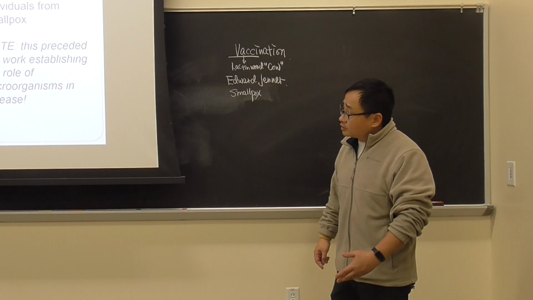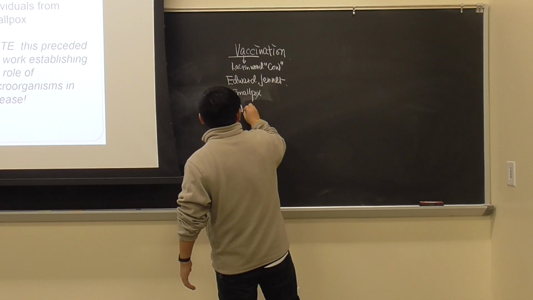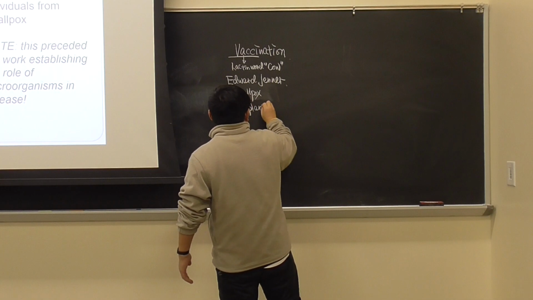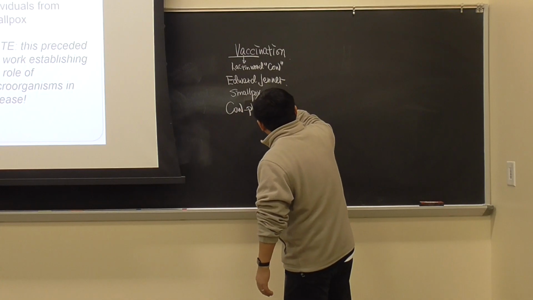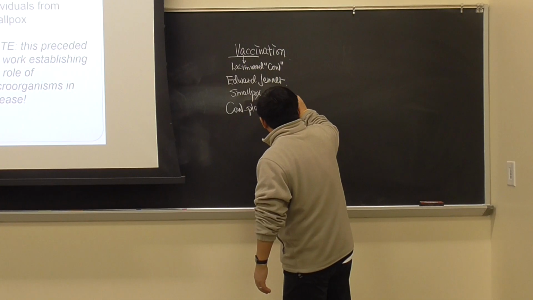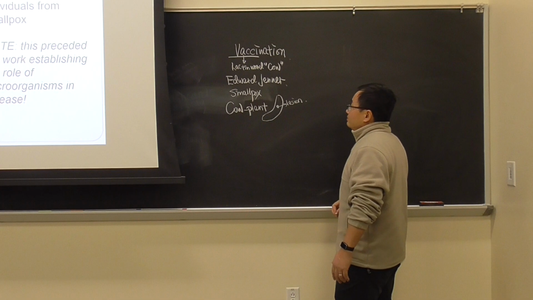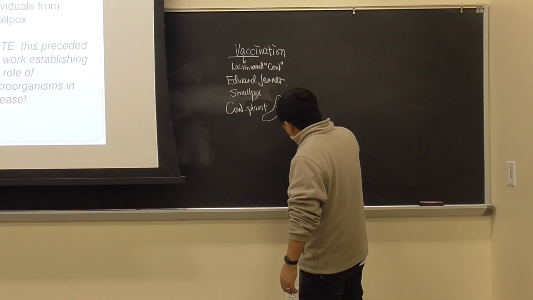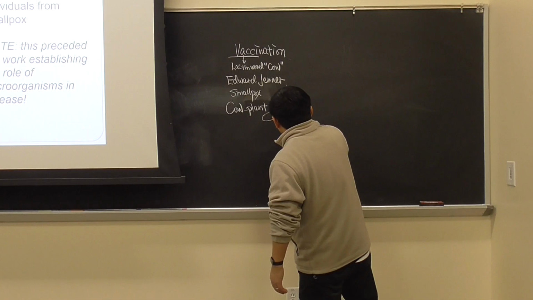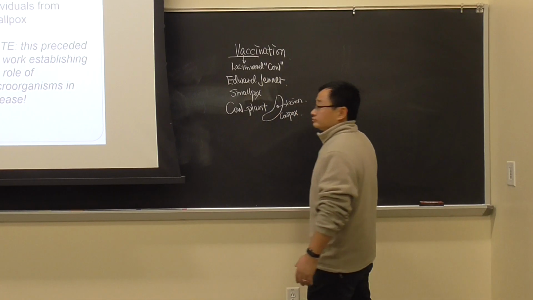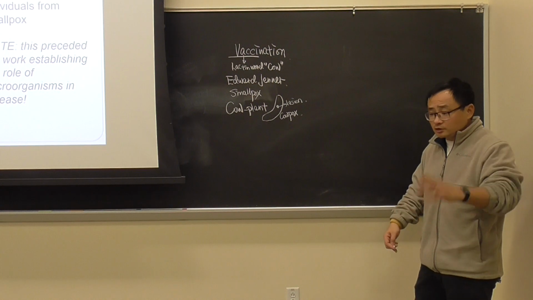The women working in the cow plant or in the dairy area would have lesions showing up with very mild symptoms. Instead of smallpox, they had cowpox. Although they still had pox, these were mild symptoms that would not cause them to die.